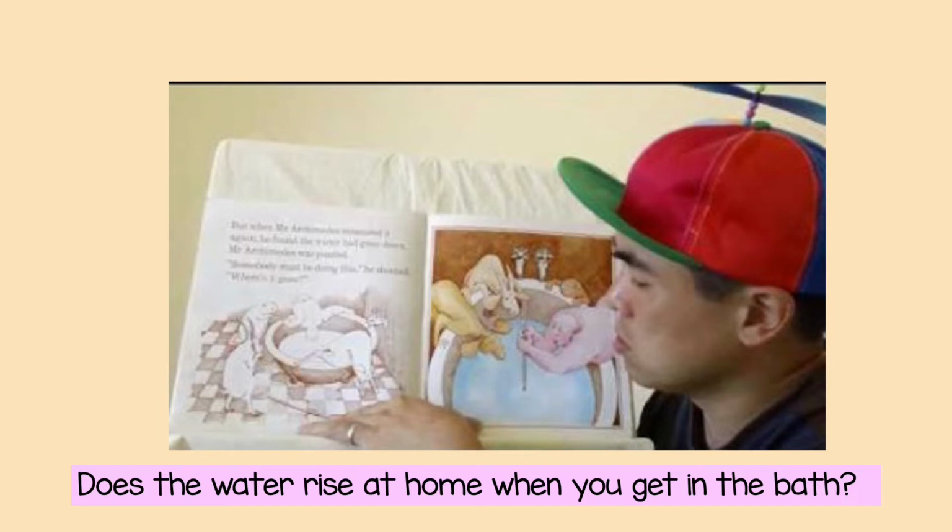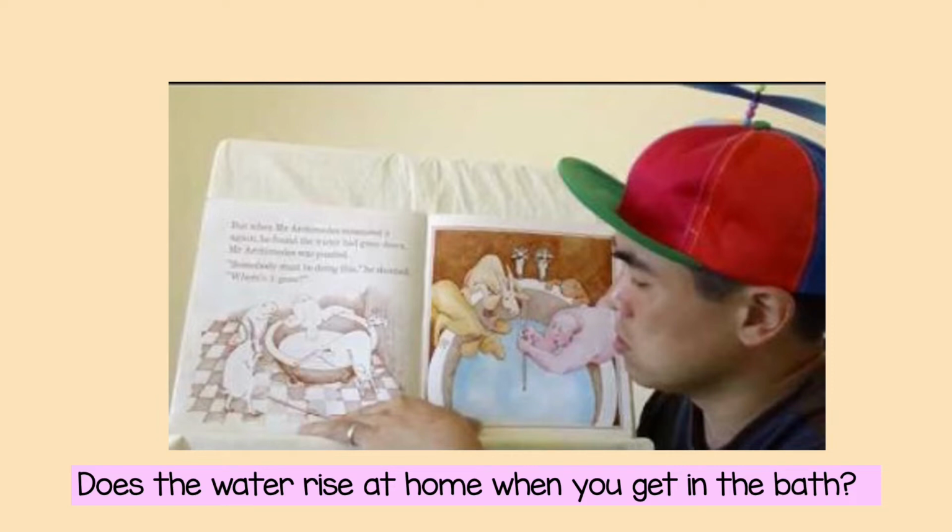Mr. Archimedes decided to find out. He put just a little water in the bath, as he always did, and this time he measured the depth. He draws a line. But the water rose.